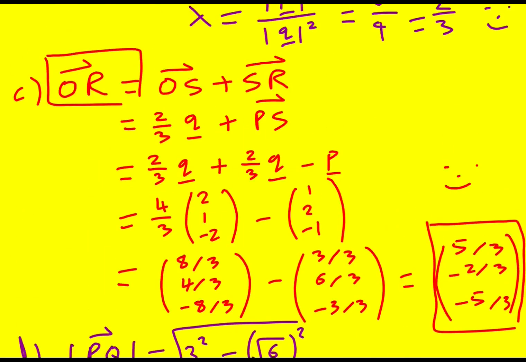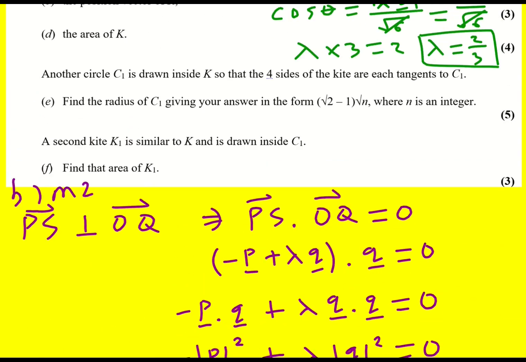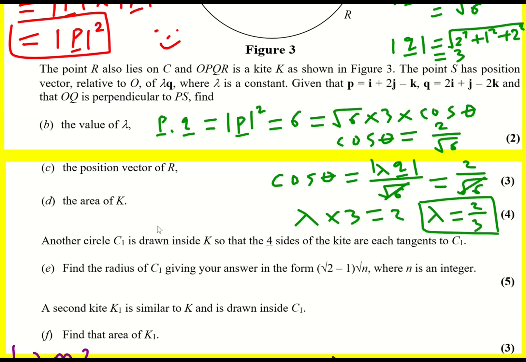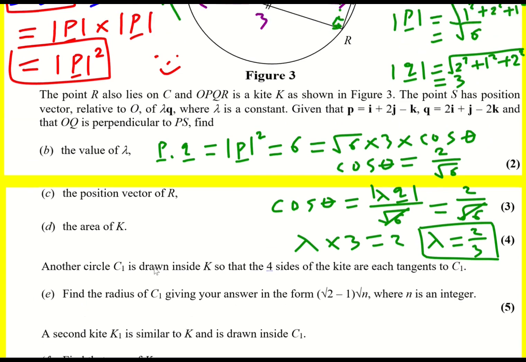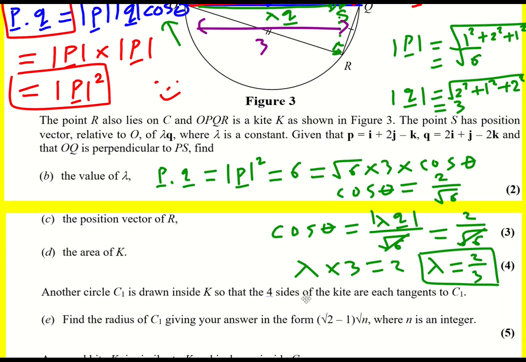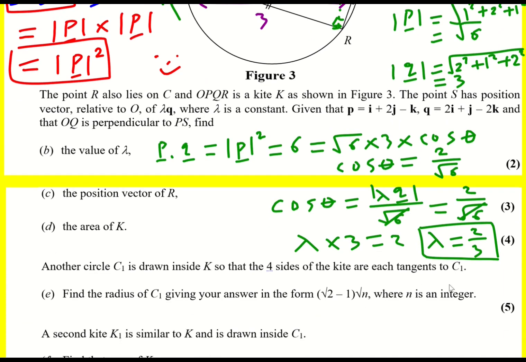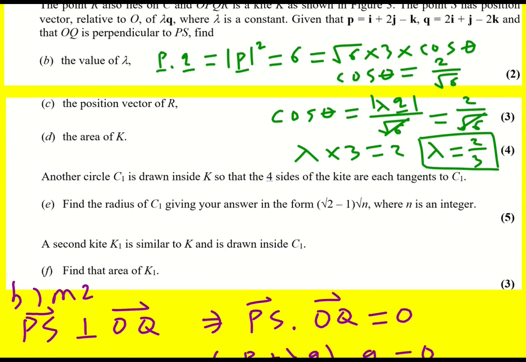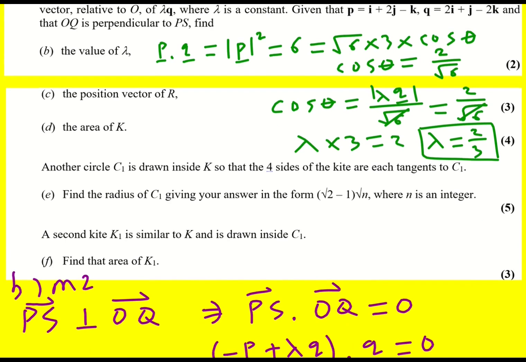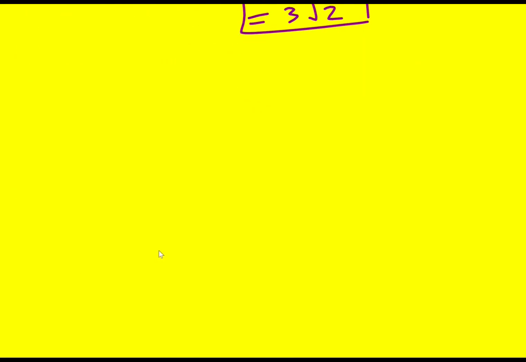This leaves 2 parts of the question left, and we're on to the hardest part now, E. So we're told that another circle, C1, is drawn inside the kite so that the 4 sides of the kite are each tangents to C1. Find the radius of C1, given your answer in the form root 2 minus 1 times root n, where n is an integer.